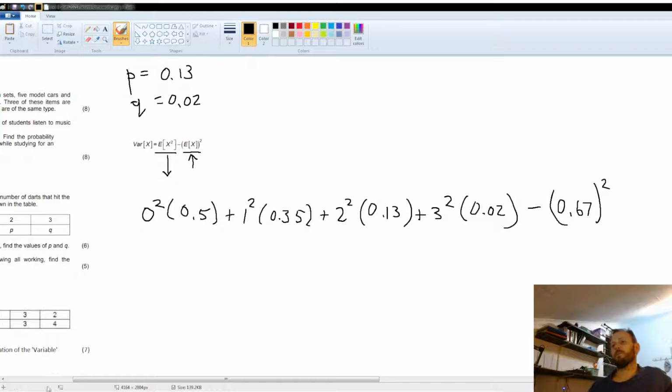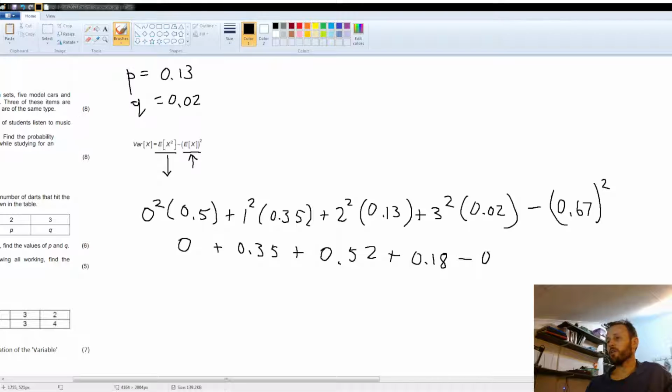And there's your sum. This obviously comes out to be 0 plus 0.35 plus 4 times 2 squared is 4, so it's 4 times this number, which I believe is 0.52, plus 9, 3 squared is 9, so it's 9 times this number, which is 0.18, if I'm not crazy, minus, I'll just do this quickly, 0.67 times 0.67 is 0.4489.